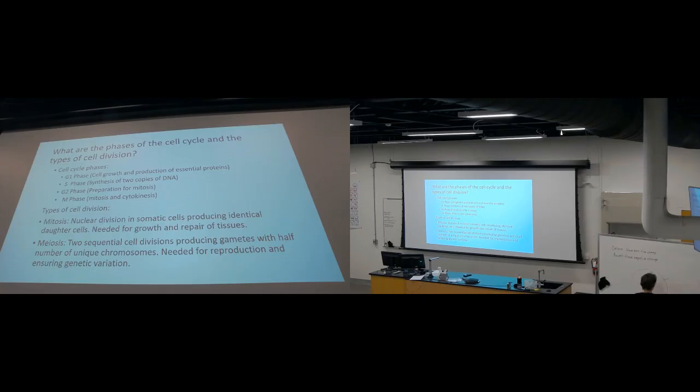It has interphase, which will be all this, and it's called a cycle because it repeats. So it goes like this. So this is the beginning of interphase, this is the end of interphase, and then you have another phase that is called mitosis.